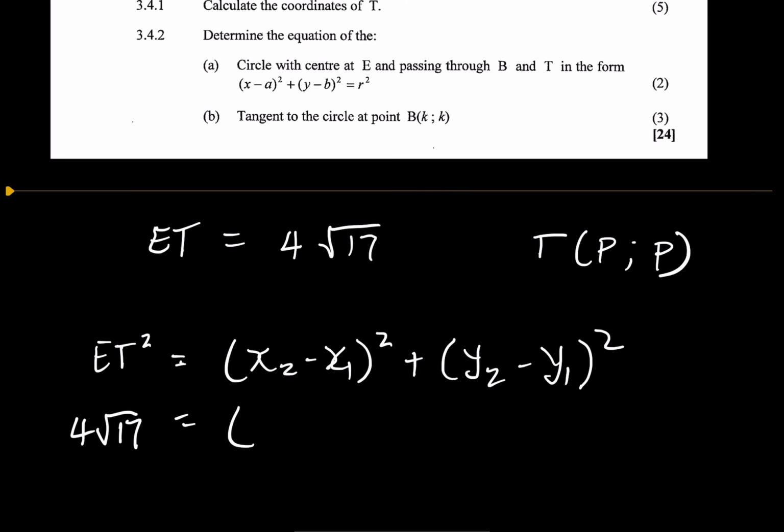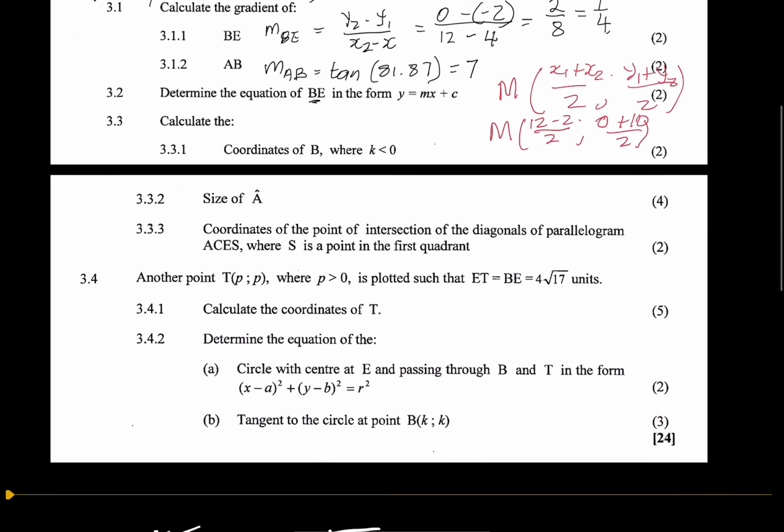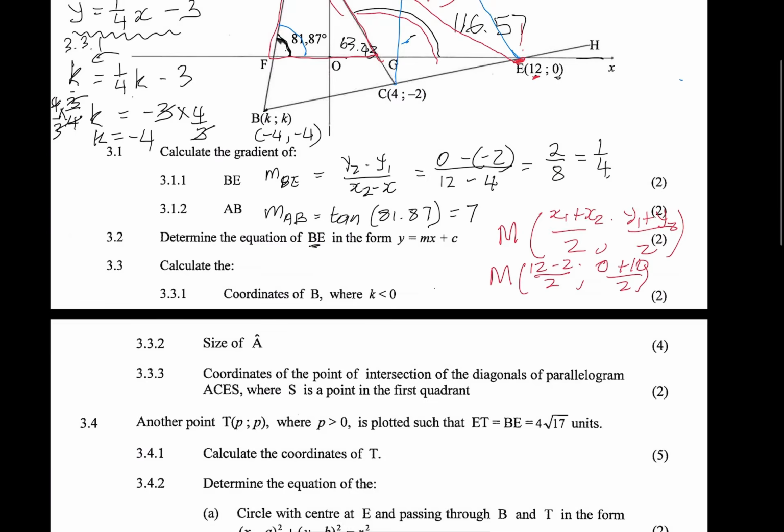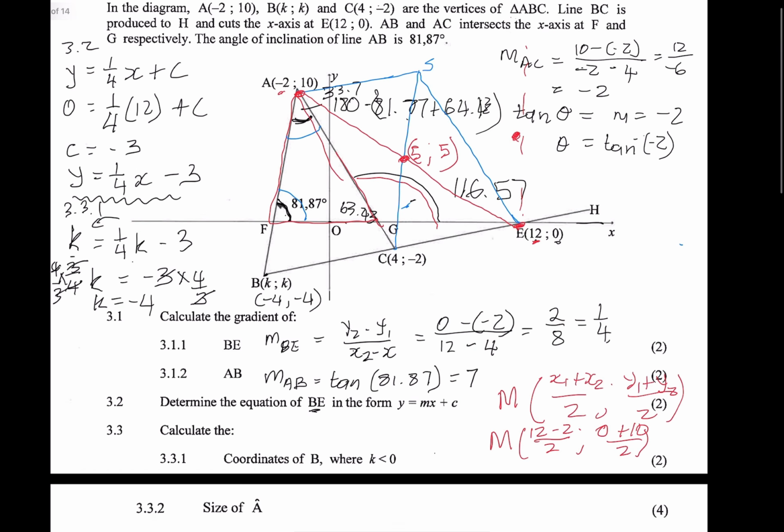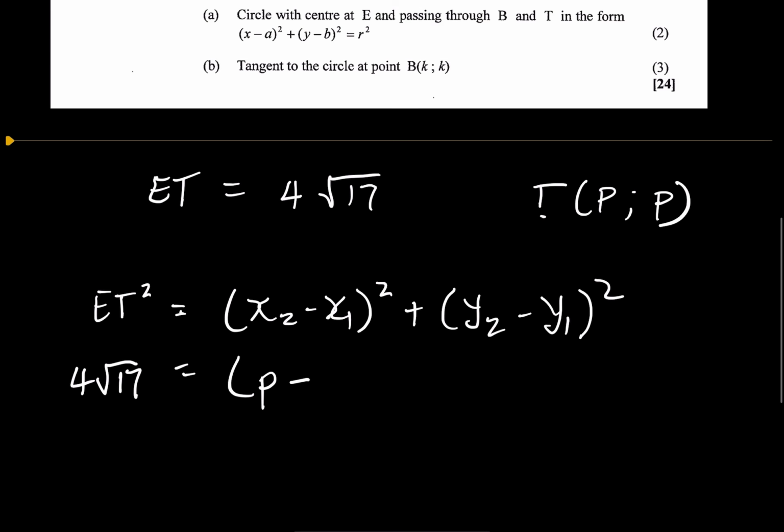For our x2, we take the coordinates of T, which is P, minus, for x1, the values at E, so that's minus 12.